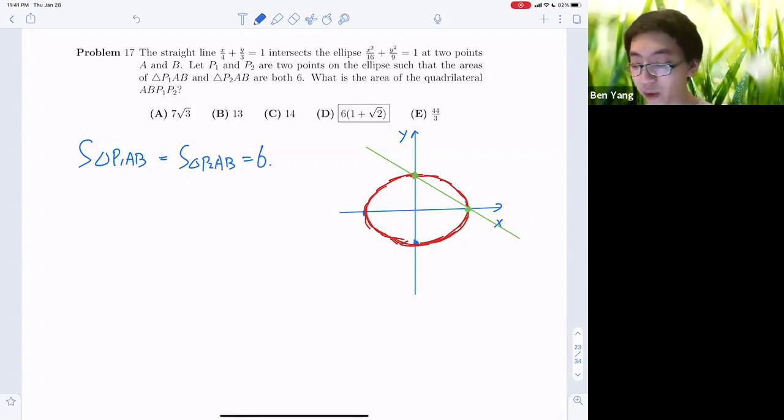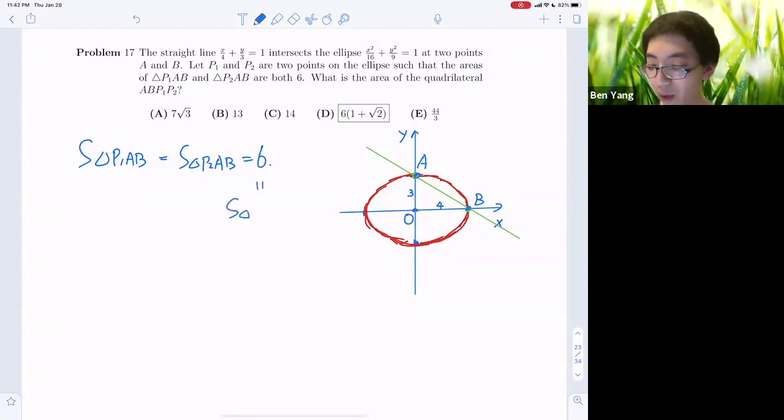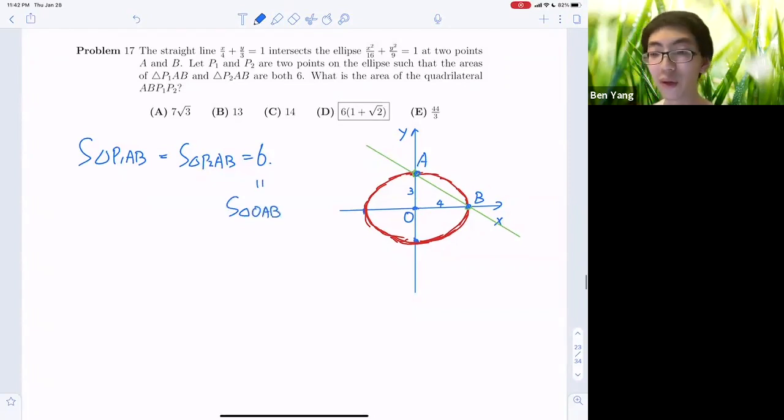So let's give those points some names. We already have names. That's A, that's B, and also the origin is O. So we know that OA is equal to 3, OB is equal to 4, and this is a right triangle. So the area of triangle OAB is also equal to 6.